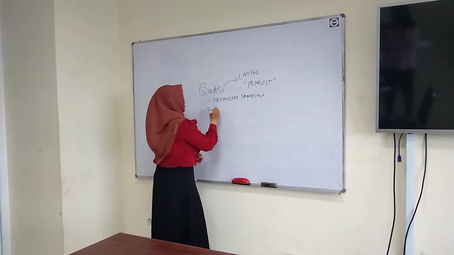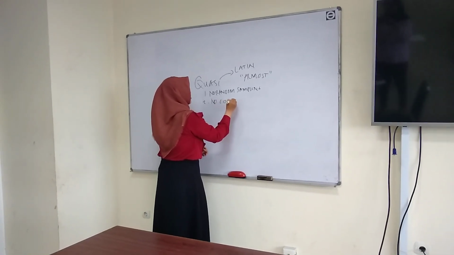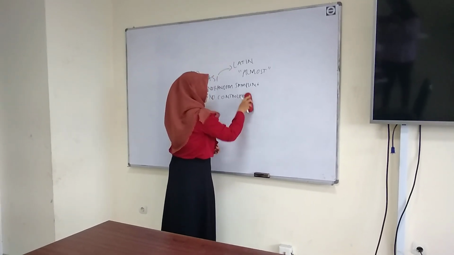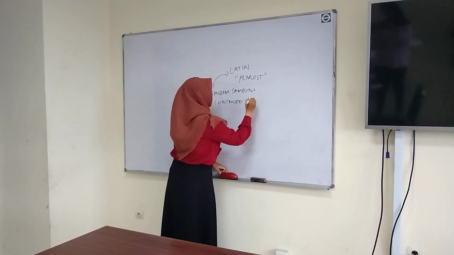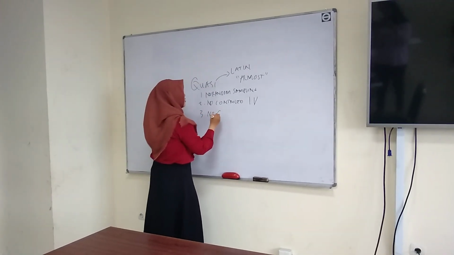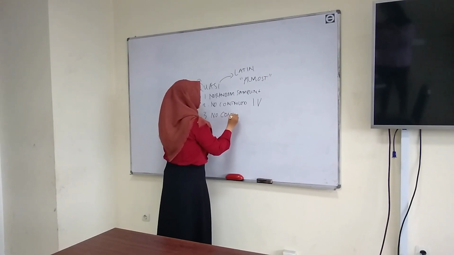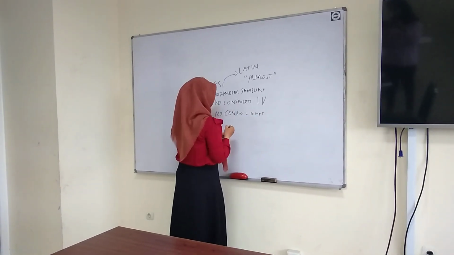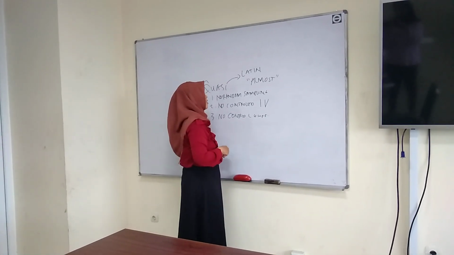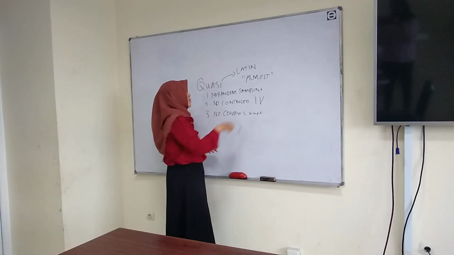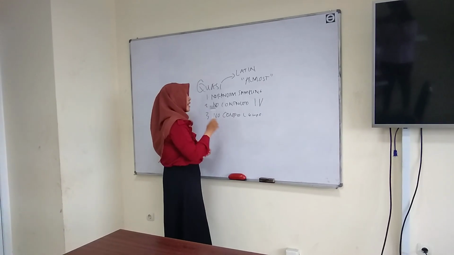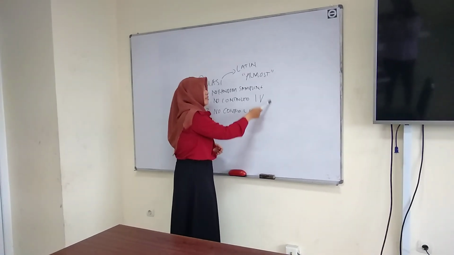The second one, no controlled independent variables. And the third is no control groups. And then the most dominant or familiar type of this design is the non-equivalent group design, in which we can control the independent variables.